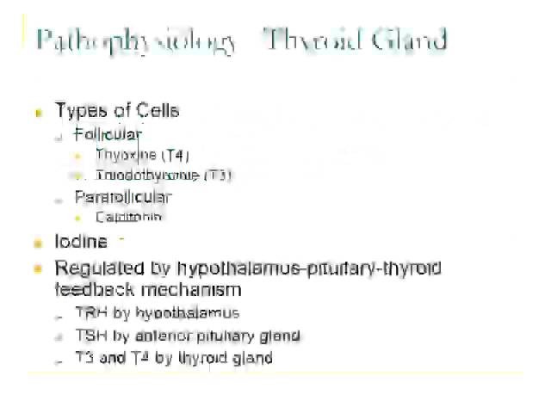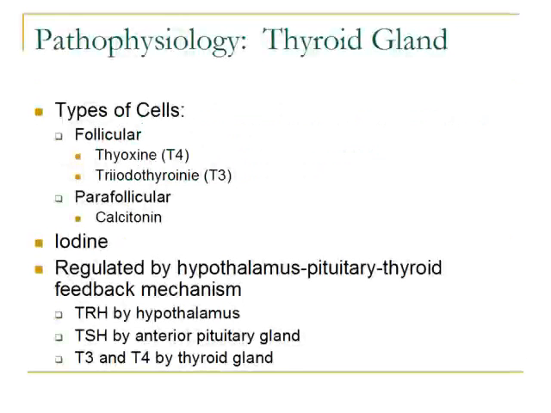The pathophysiology of the thyroid gland: there are two different types of cells within the thyroid gland itself. The thyroid has follicular cells which actually produce the thyroid hormones, the T4 and T3 hormones. Remember, T3 is the more active form of the hormone.